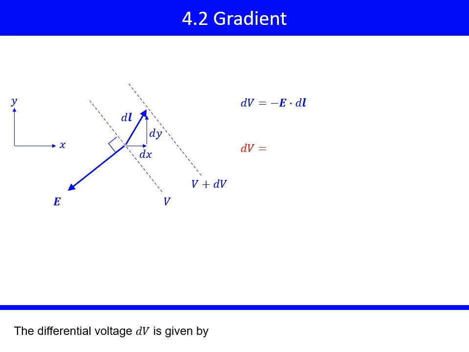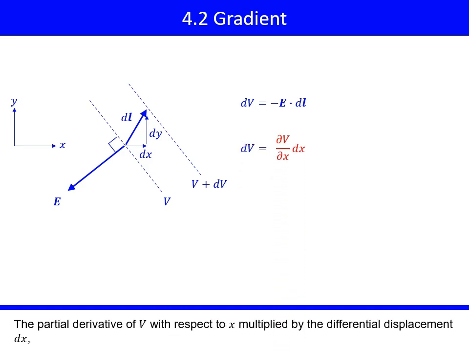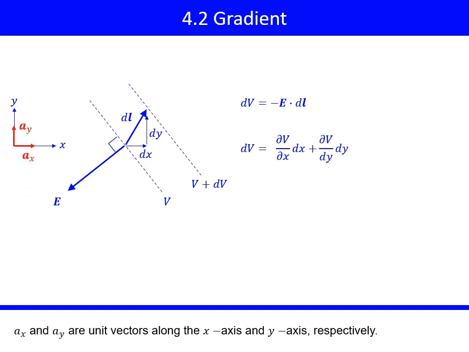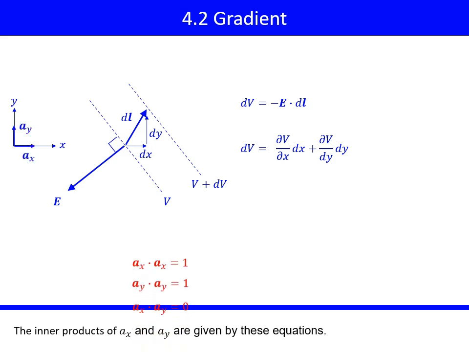The differential voltage dV is given by the partial derivative of V with respect to x, multiplied by the differential displacement dx, plus the partial derivative of V with respect to y, multiplied by the differential displacement dy. ax and ay are unit vectors along the x-axis and y-axis respectively. The inner products of ax and ay are given by these equations.